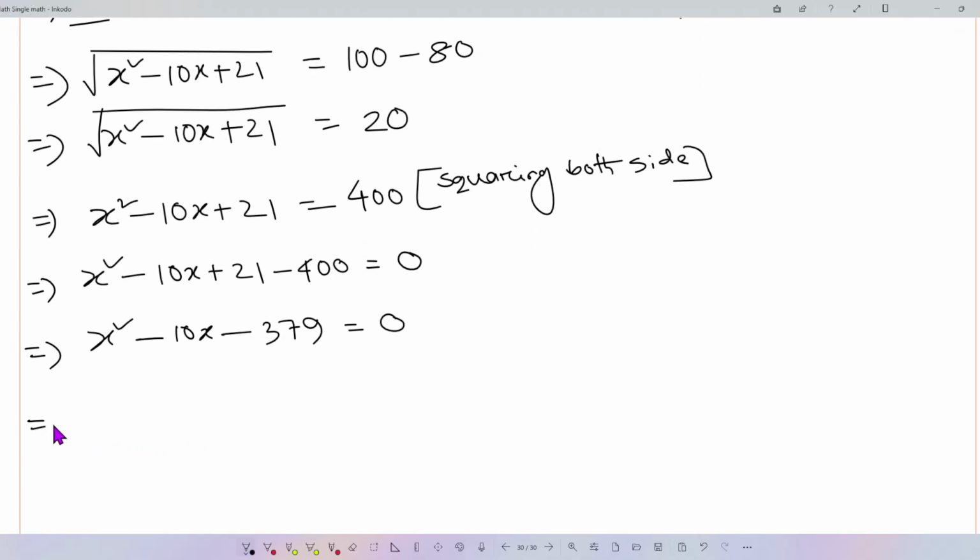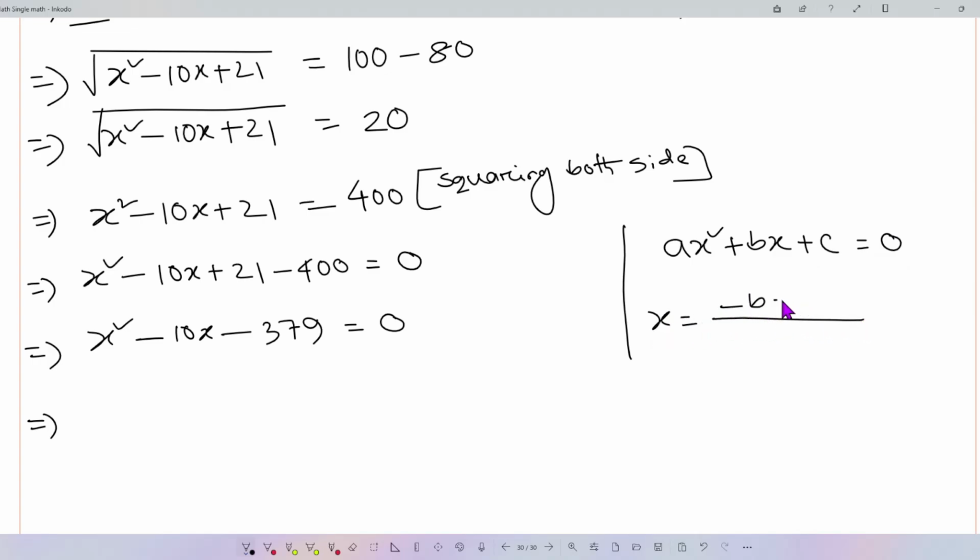Now this one is not an easy way to solve by middle term factoring. Therefore we will follow the quadratic equation general formula. How? We know a quadratic equation is ax square plus bx plus c equals 0. So x equals what?